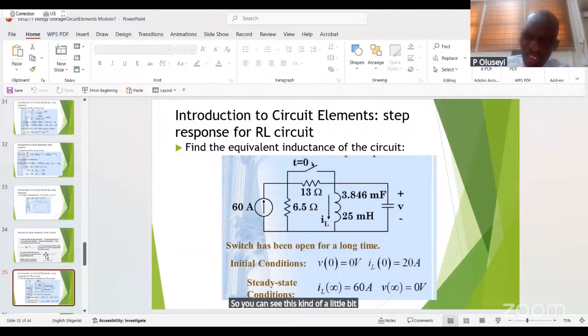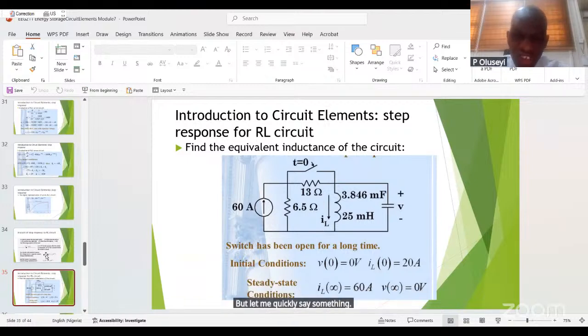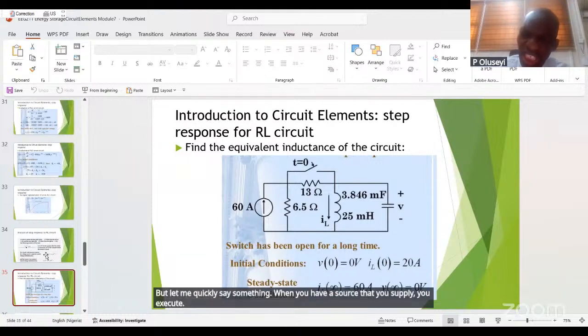Let me quickly say something. When you have a source that is supplying your circuit, we call it a forced response.